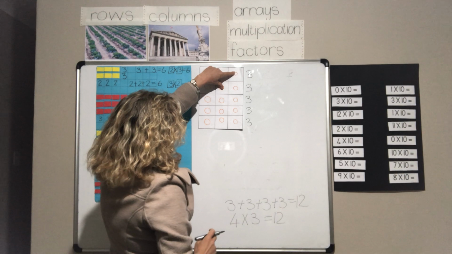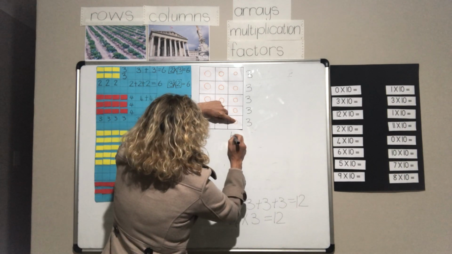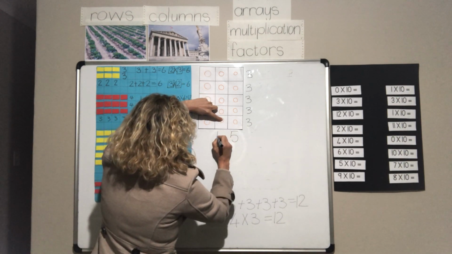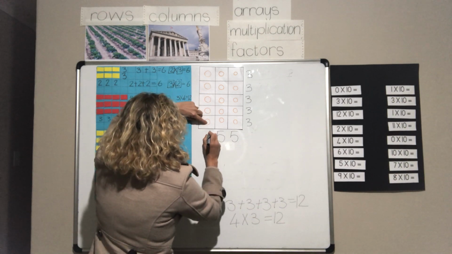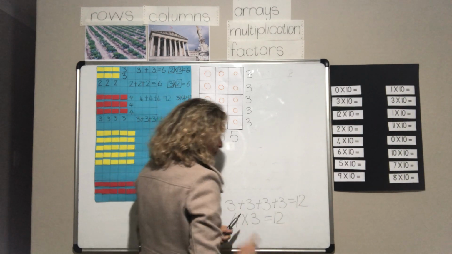The columns coming down: 1, 2, 3, 4, 5. 1, 2, 3, 4, 5. And 1, 2, 3, 4, 5. There we go.